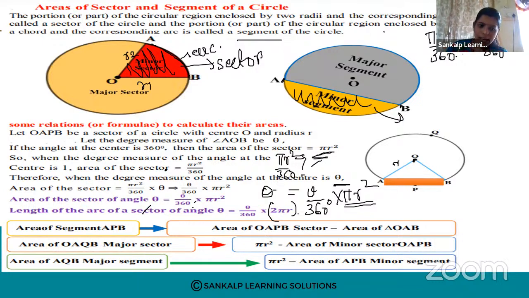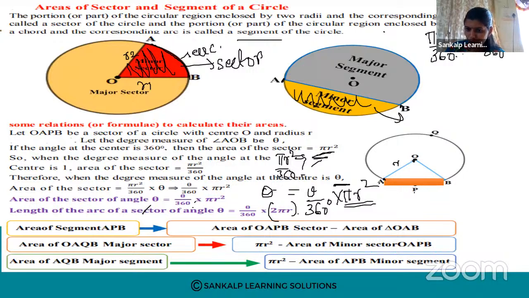Then the area of the segment APB. So this is the segment. Then what to do: area of sector OAPB, the full sector, minus the area of triangle OAB.